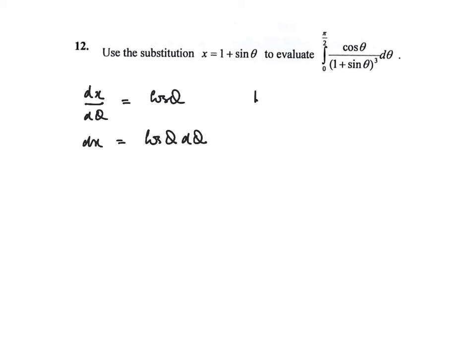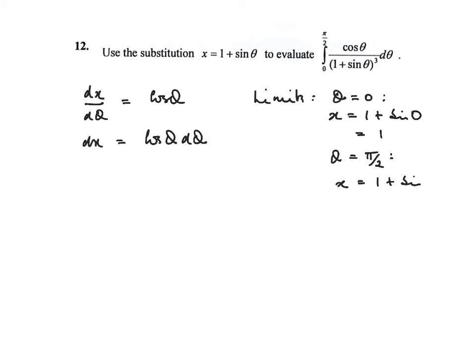Now the limits, well, we know that theta equals 0, so x then equals 1 plus the sine of 0, which is 1. When theta equals pi by 2, x equals 1 plus the sine of pi by 2, sine of 90 is 1, 1 plus 1 is 2.